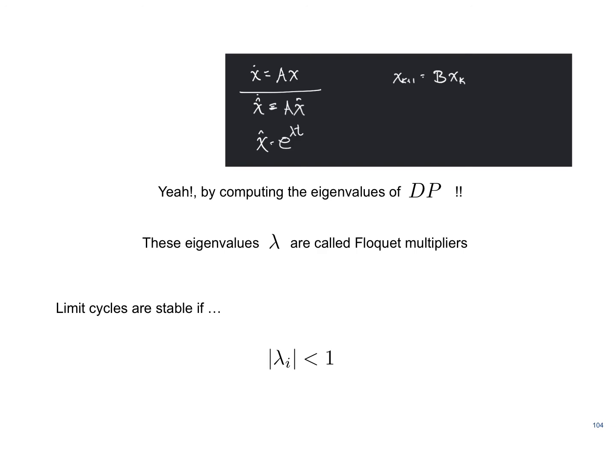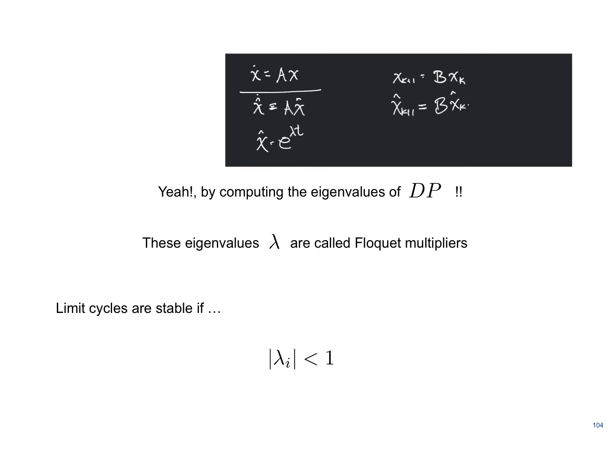In the discrete case, this is a different story because we are now in discrete time, and we just have a map between x k and x k plus 1. So we treat this matrix again in terms of eigenvalues, but now the eigenvalues are analyzed in a different way.